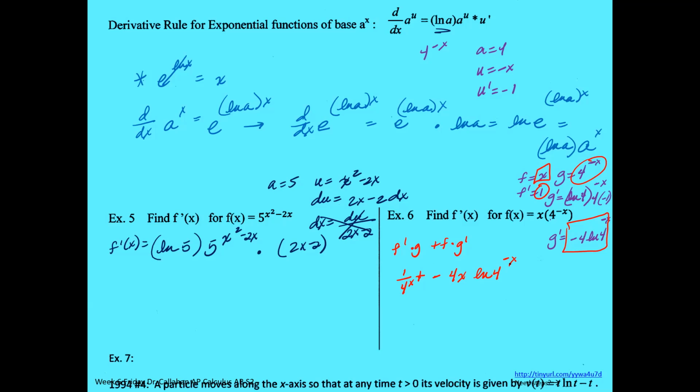If I go ahead and rewrite that, I will have 1 over 4 to the x minus x ln 4 over 4 to the positive x, which I can go ahead and write as 1 minus x ln 4 over 4 to the positive x with a common denominator.